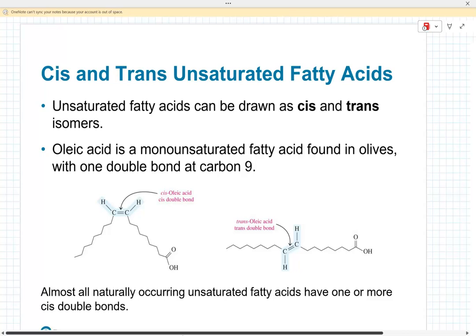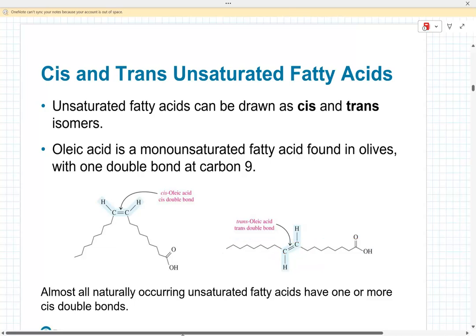Remember, in cis orientation, hydrogens are on one side and carbons on another. In trans orientation, though, hydrogens are on the opposite sides as well as carbons.